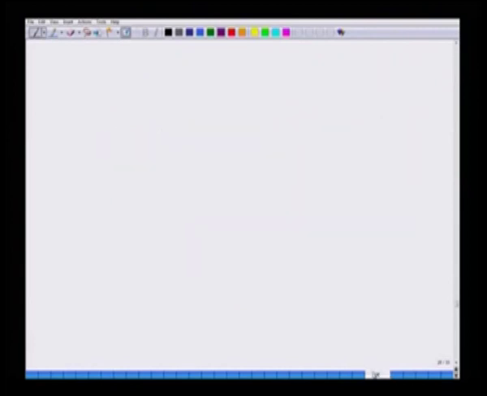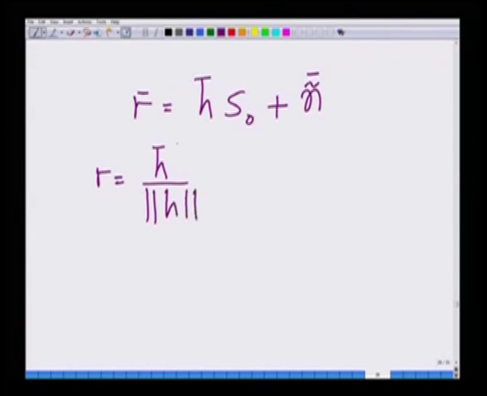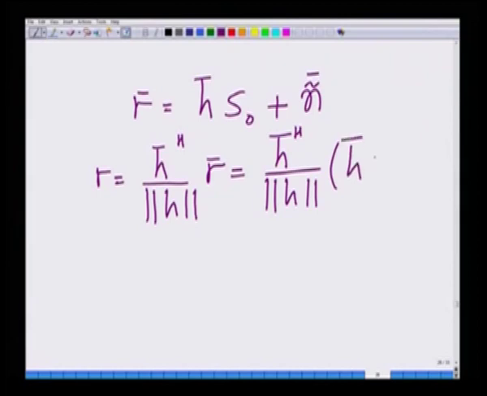Now, let us use this W bar to see what we get. We know R bar equals H bar times S0 plus n tilde bar, hence with W bar being H bar divided by norm H, R equals H bar divided by norm H Hermitian into R bar, which is nothing but H bar Hermitian divided by norm of H times H bar S0 plus n tilde bar.